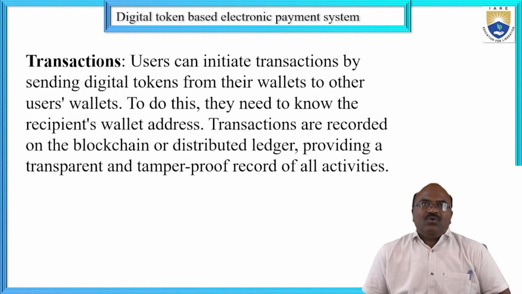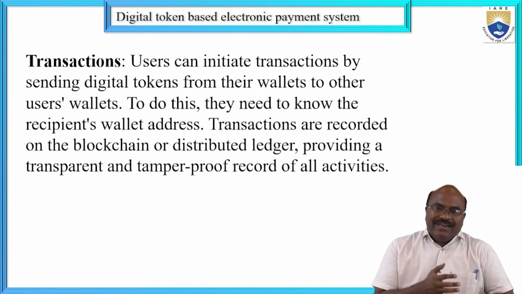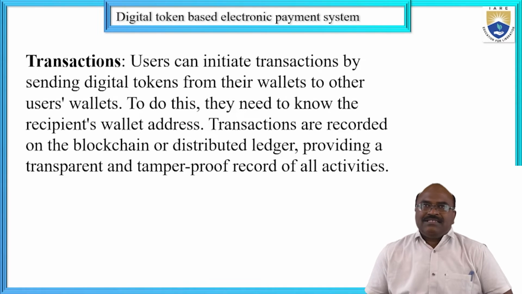Then how to transact the amount, transferring the amount from source to destination, and receiving some transaction acknowledgement is also required. That is called a transaction. Your amount is nothing but data. Data will be transferred to the receiver, then the receiver receives the amount.